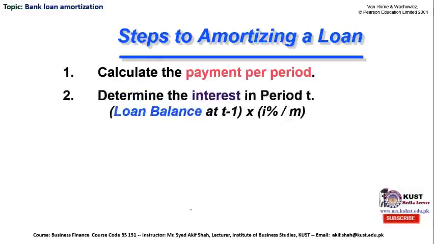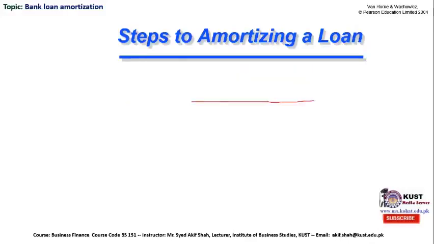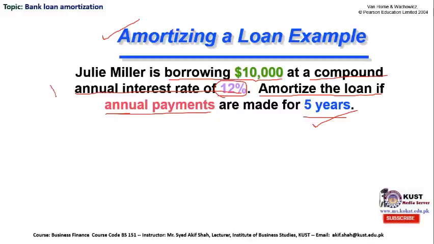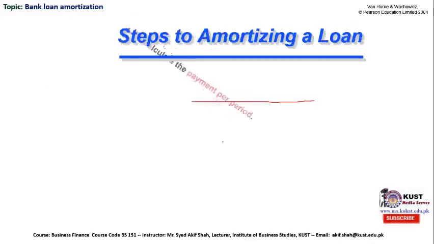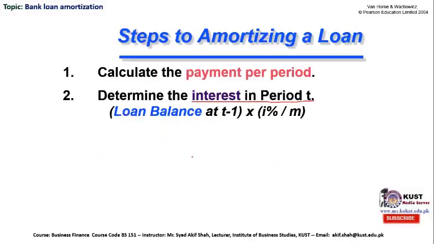Second, determine the interest in the time period T. As the question previously mentioned on this slide was telling us, the bank is going to charge her 12% interest. Therefore, step 2 involved in amortizing a loan is to find out the interest in the period, that is, how much interest Julie Miller is going to pay at the end of each year.